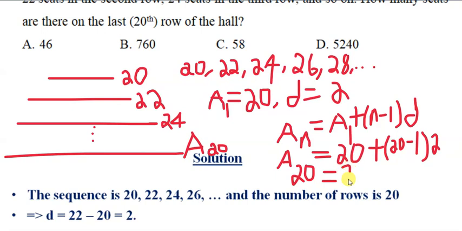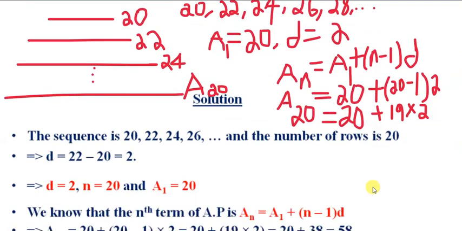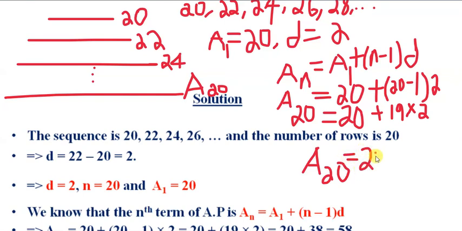Here is 20, the first term, plus 20 minus 1, which is 19. Then 19 must be multiplied by 2, and the result is as follows. A20 is equal to the first term, 20, plus 2 times 19, which is 38.